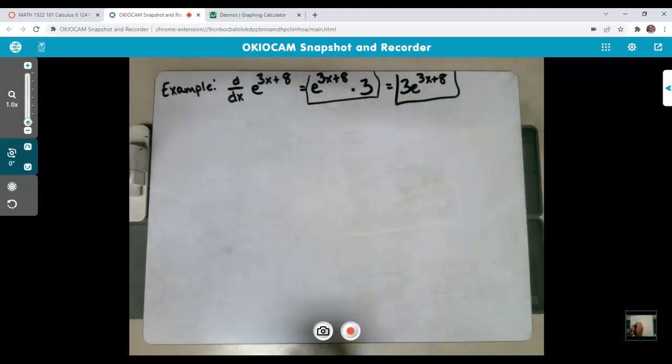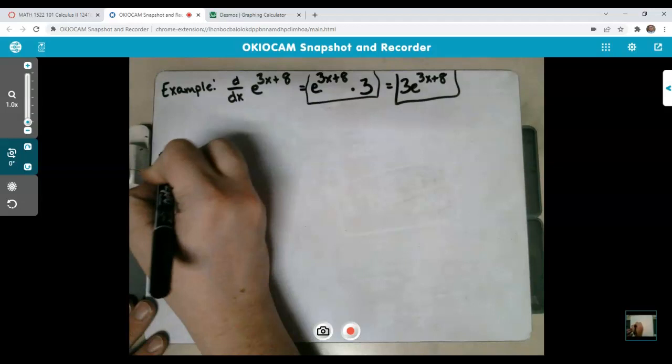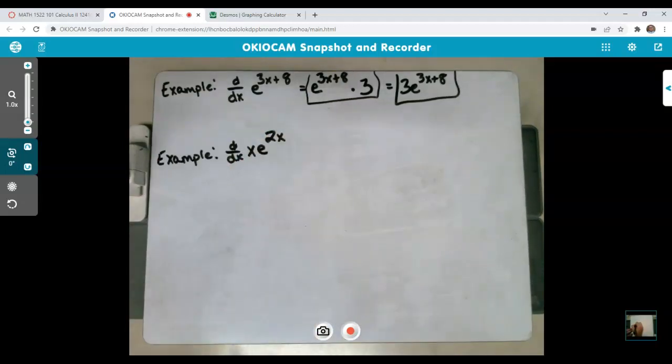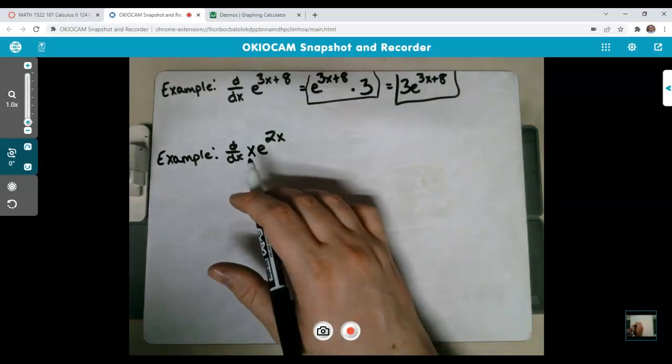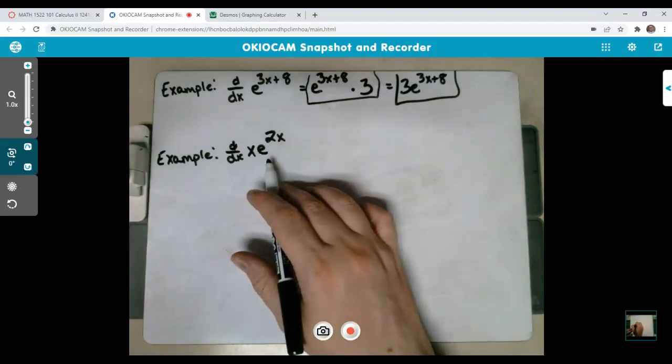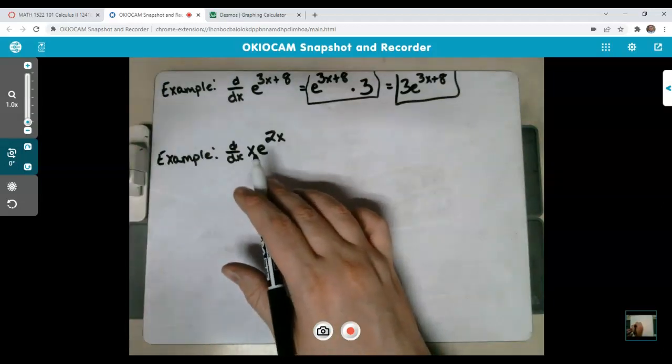Another example: let's find the derivative of x times e to the 2x. For this one, I'm going to need the product rule, because this is a product. I have x times e to the 2x, so I need the product rule.